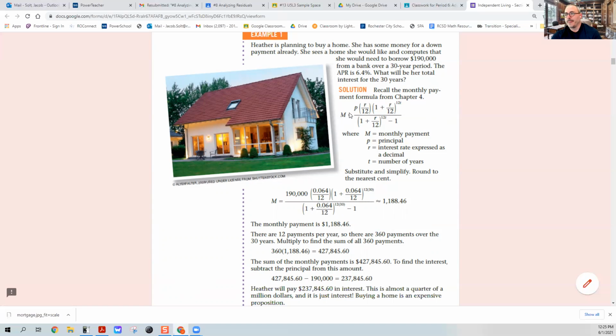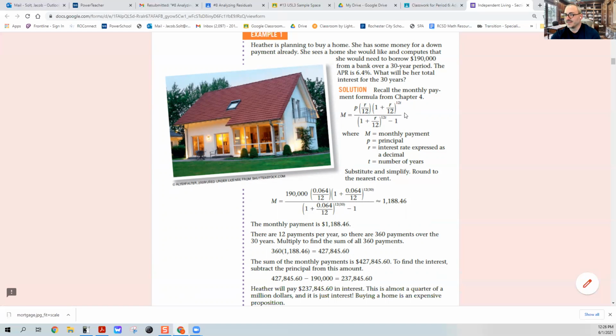It's going to equal a numerator divided by a denominator, where the numerator is P, the principal, times the rate expressed as a decimal divided by 12, times 1 plus the interest rate expressed as a decimal divided by 12, raised to the power of 12 times T, which is the number of years. 12 times the number of years gives you how many months of the loan.